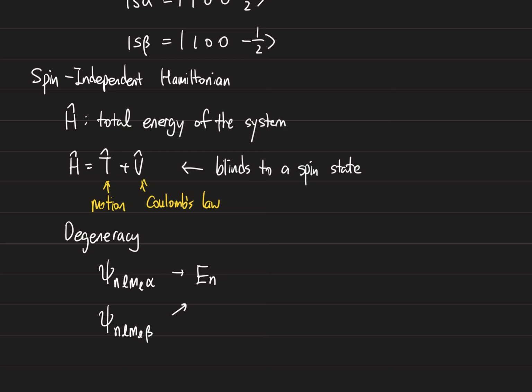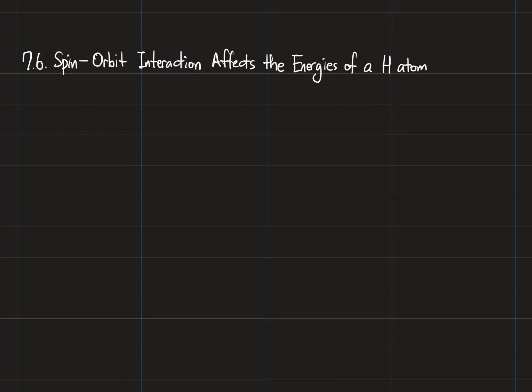Okay, so that's it for section 7.5, and let's move on to the next section. Section 7.6 is about the spin-orbit interaction, and how it affects the energy of the hydrogen atom. In the previous page, we discussed that the Hamiltonian doesn't see spin. The energy of the electron doesn't care if it is spin up, alpha spin, or spin down, beta spin.